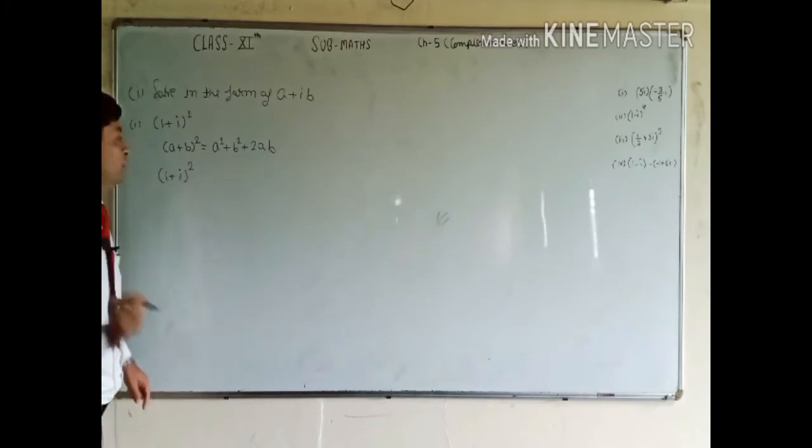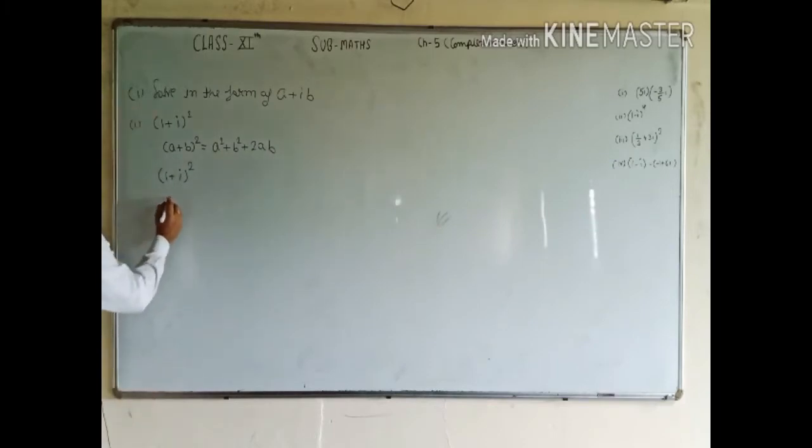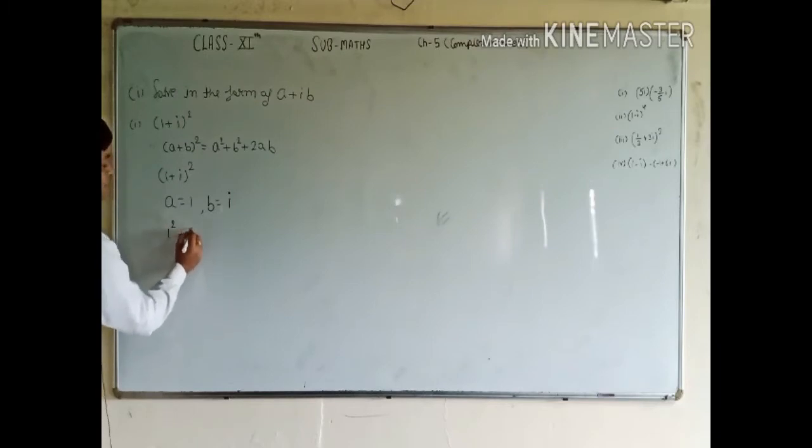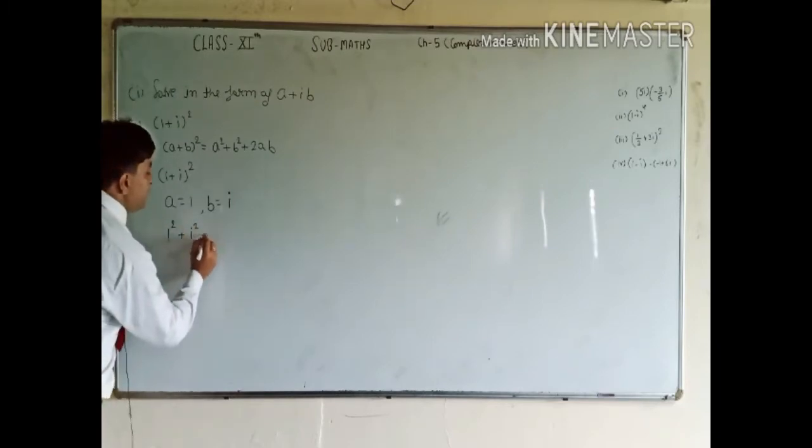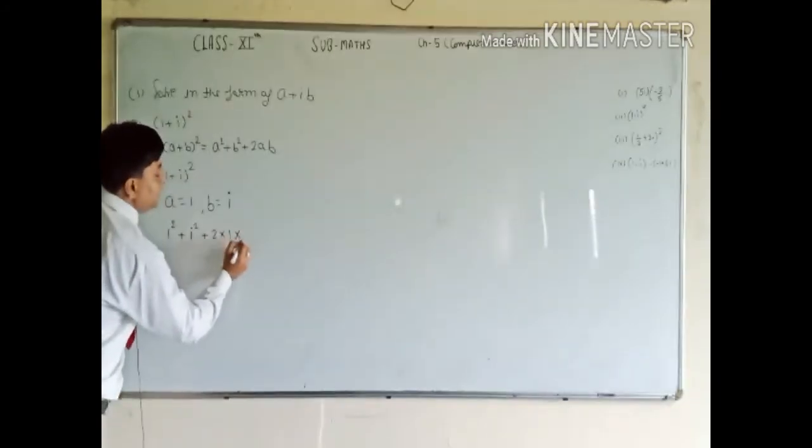We know that a equal to 1 and b equal to iota. So the formula is changed in the form a square, this is 1 square, this is b square, this is iota square, this is 2ab, plus 2 into a into b.